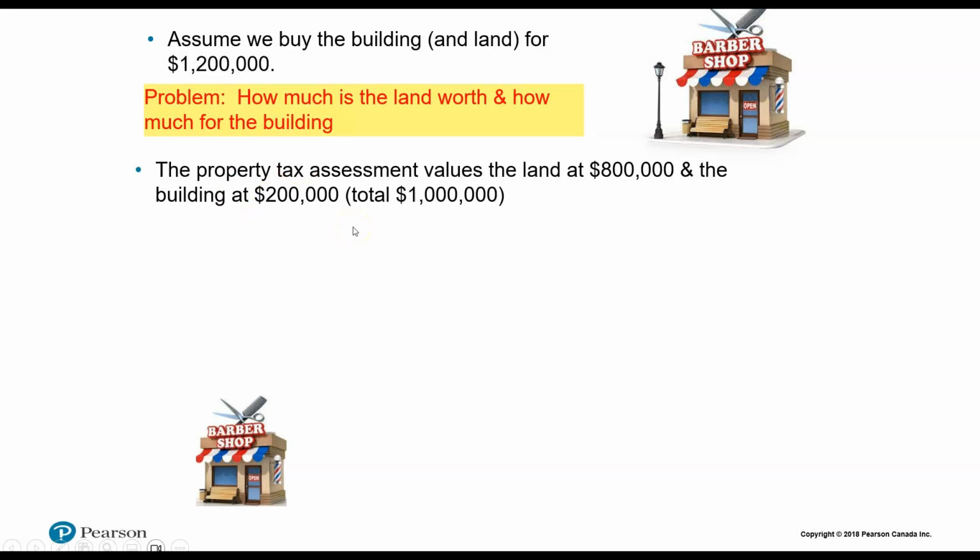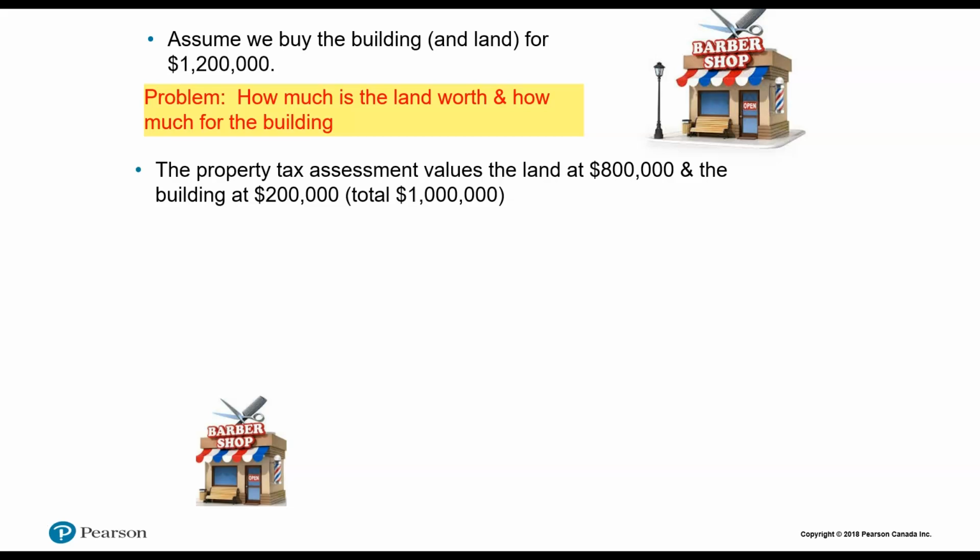The first step in solving these problems is to total up the appraised value. So in total, that purchase is appraised at $1 million. We paid 1.2, which is kind of normal because properties do appreciate.